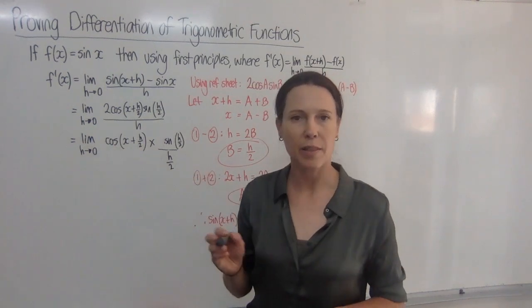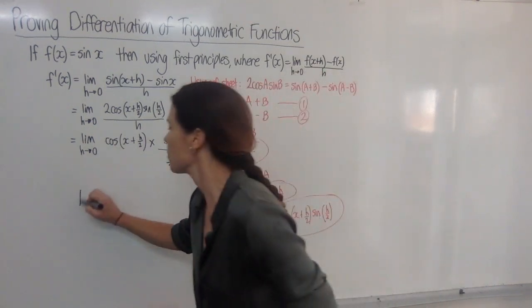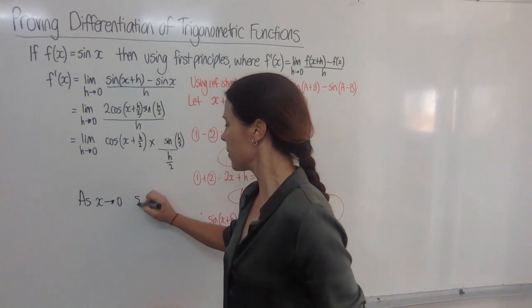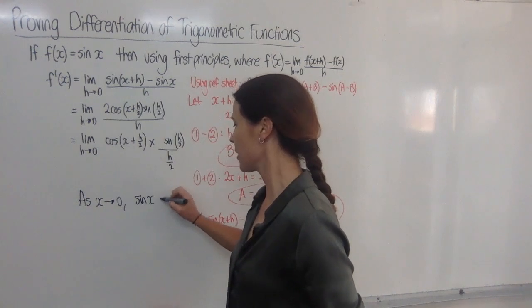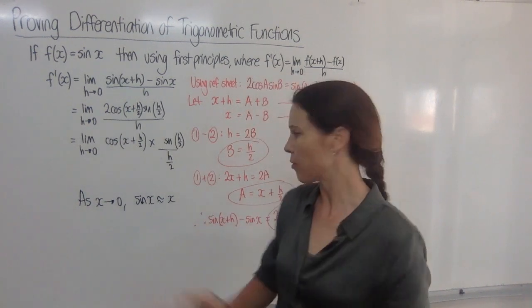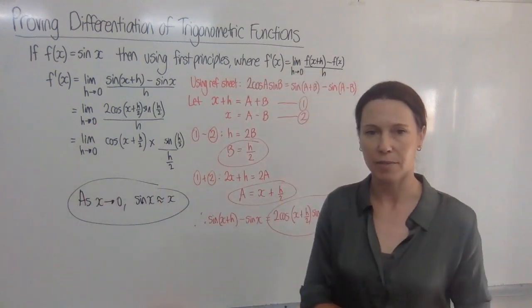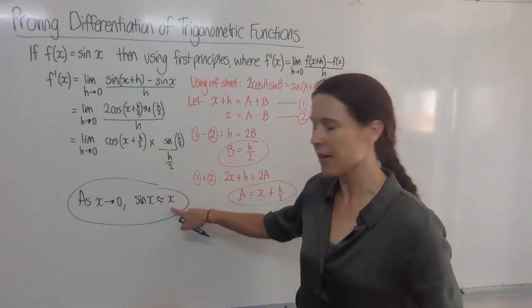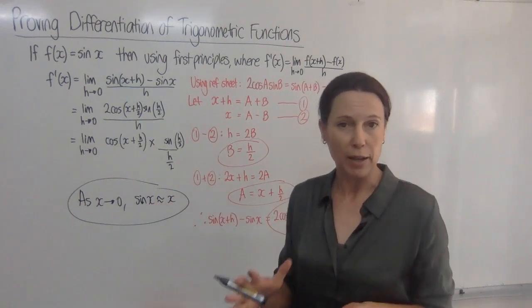Now, we've already learnt that as x approaches 0, the sine of x gets very, very close to being equal to x itself. That's something that we learnt at the start of this topic. So in other words, if you take one of these things and divide it by the other, if they're roughly the same, you'll get 1.